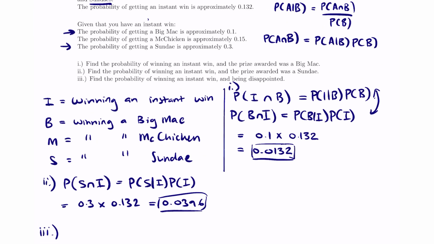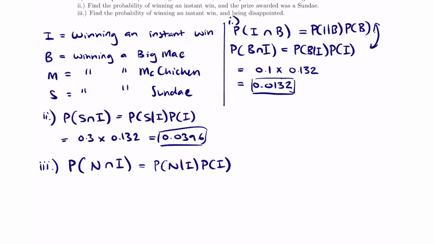All right, so how do we do that? Essentially, we want the probability of getting, let's say, what letter should we use? Well, we use letter N for no good. N intersect instant win is equal to the probability of no good given that you get an instant win multiplied by the probability of getting an instant win.